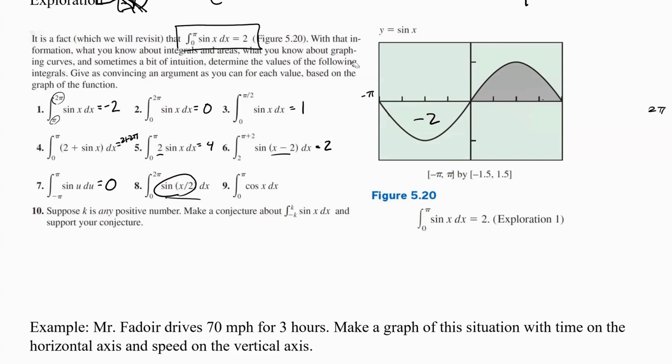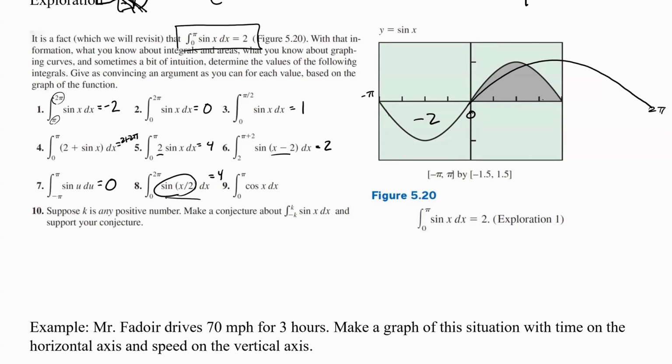So the curve is now doing one full arch, one full arch as it goes from 0 to 2 pi. I'm probably thinking that that is going to make that area twice as big. That every rectangle now just got twice as wide.